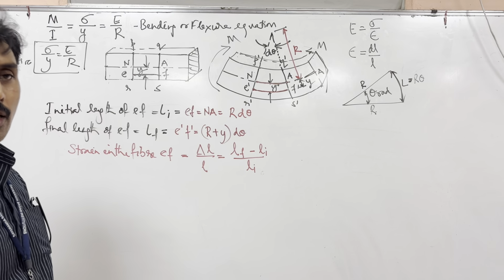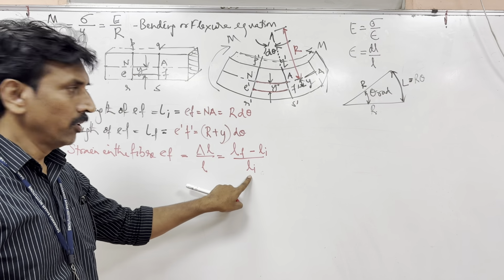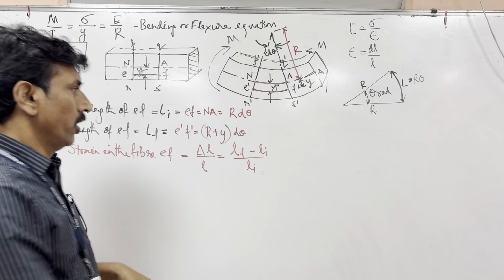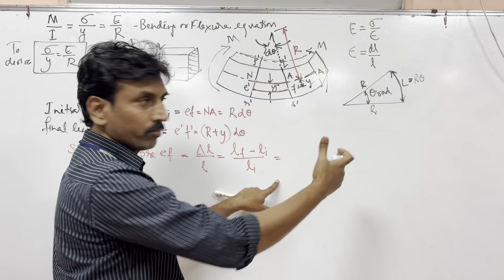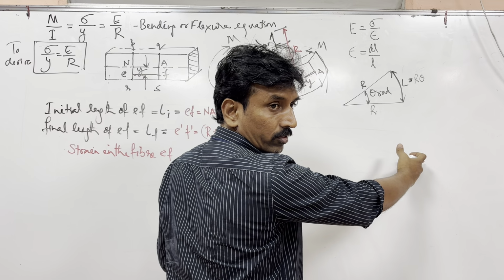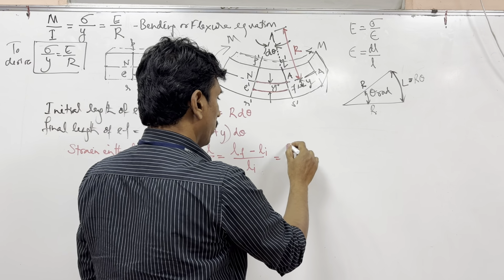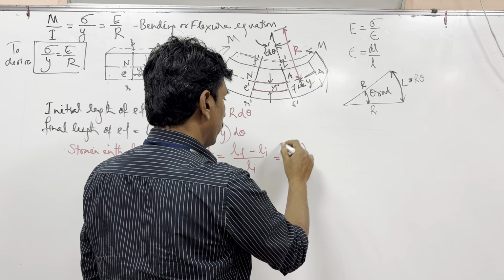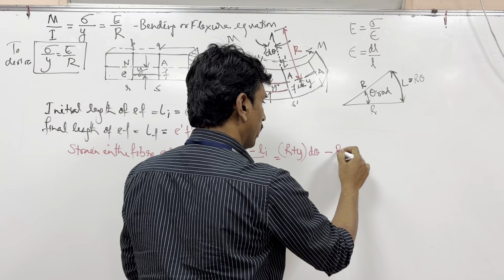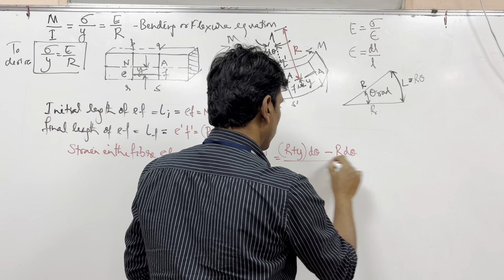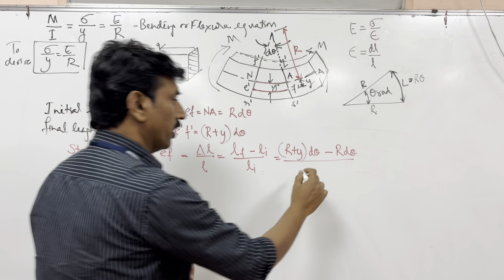So it is always the difference in length with respect to the original length. Original length is Li. So if I substitute this, Lf is R plus y d theta, divided by Li. What is Li? That is R d theta.